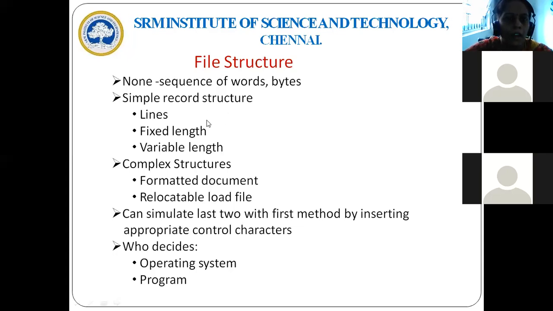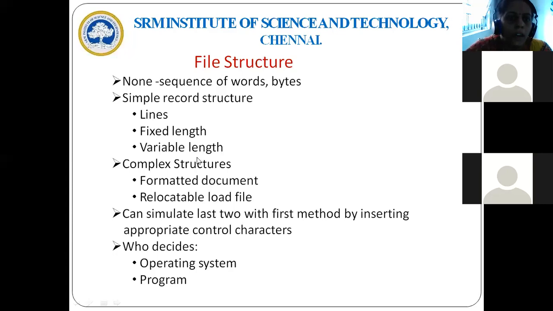And the simple record structure: if you take the records available in your file, each and every line can be treated as a record, or a fixed length. For example, you may take a record as 8-byte data or 12-byte data. So you are dividing the entire file into 10-byte blocks, which is going to be a file with fixed records.